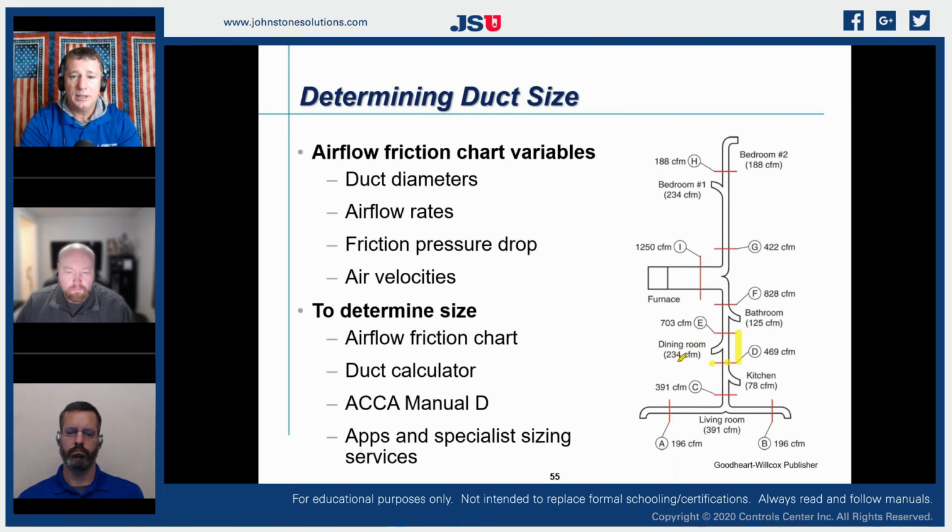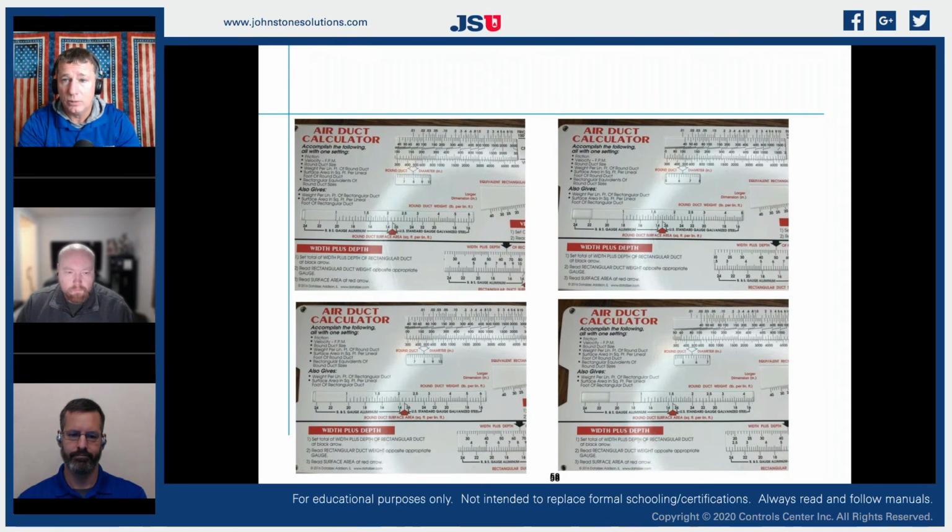And now I'm going to dump 234 CFM off in the dining room. So let's take 234 CFM, plug that into our duct calculator. And what do we got? 234 CFM at 0.1, there it is, bottom left, 8-inch round.